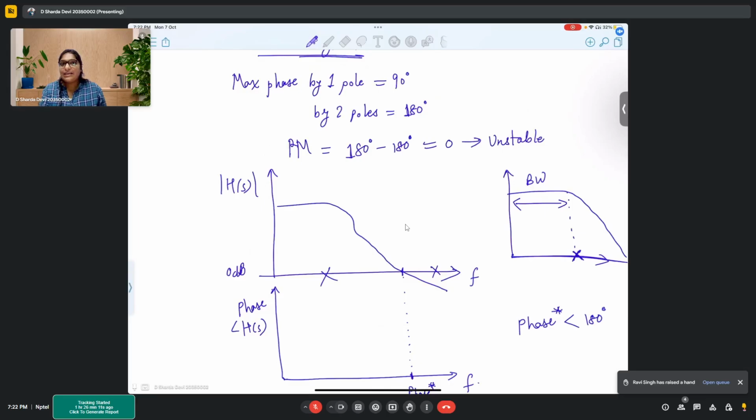So it's not that if there is an 8-pole system, for example, it will never be stable. That is not true. It could be stable at certain frequencies only, and those frequencies will be very small compared to a single pole system, which is always stable for all the frequencies. So that is the idea.